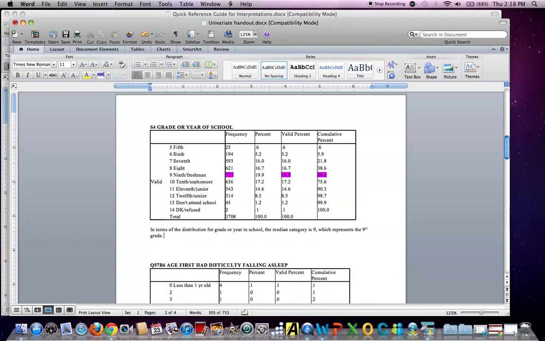Also, the distribution of respondents in the categories are not much different. Categories do not fluctuate much, except on the ends of the distribution.